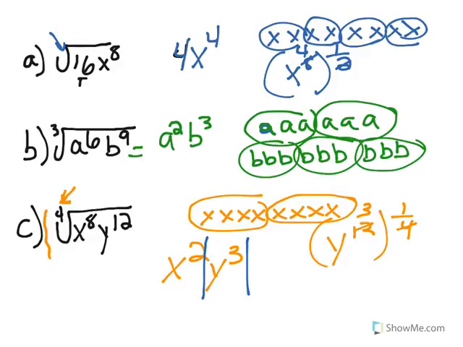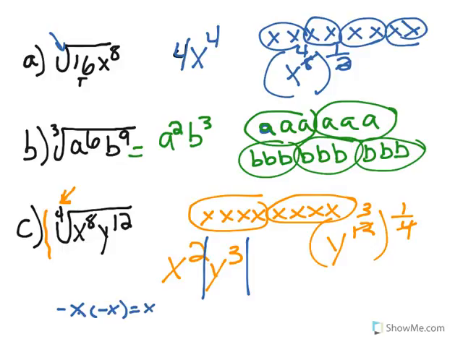And if that doesn't make sense, let's look a little further as to why we have to do that. If I have negative x times negative x, I'm going to generate a positive x.